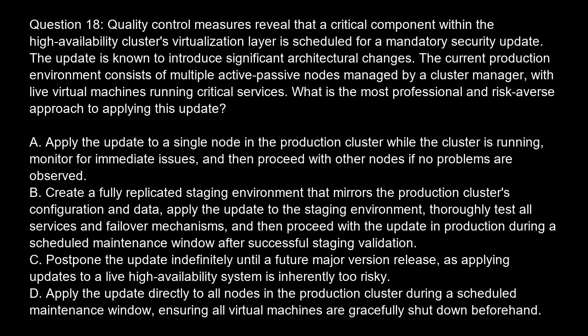Option C. Postpone the update indefinitely until a future major version release, as applying updates to a live high-availability system is inherently too risky. Option D. Apply the update directly to all nodes in the production cluster during a scheduled maintenance window, ensuring all virtual machines are gracefully shut down beforehand.